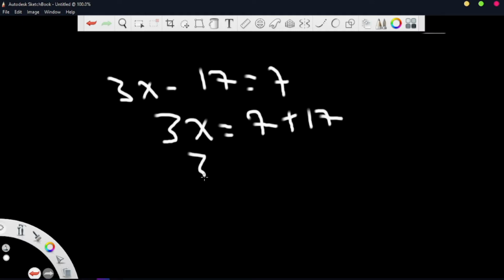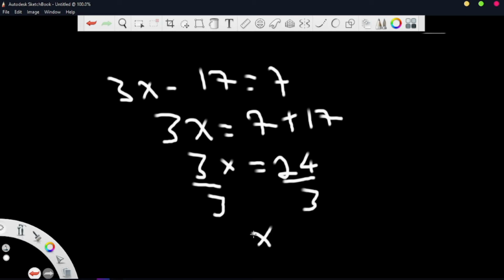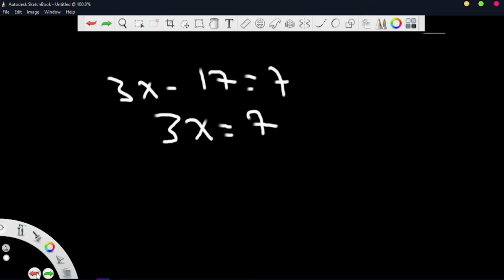So now I can say 3x is equal to 7 plus 17, which is 24, and then over 3, and this side over 3. Then I'll obtain my x as the answer when I divide 24 by 3, which is 8. So this is how we go about such questions. Let's go ahead and try out another one.